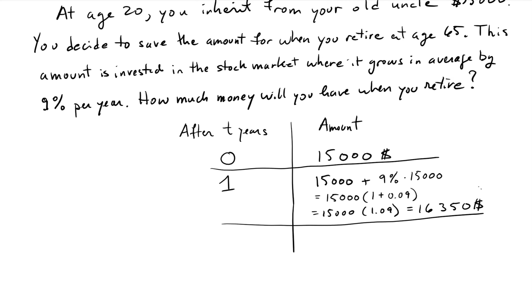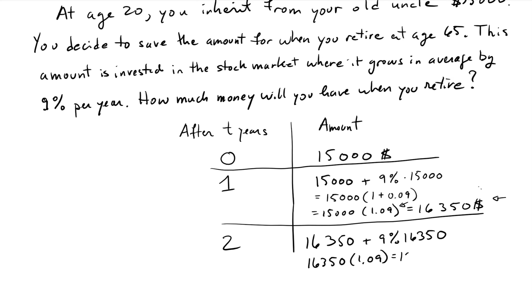Okay, let's look at year 2 now. Year 2, you start your year with $16,350 in the bank account, and after a year, you again make 9% of that amount. So doing the same arithmetic, it's going to be 16,350 times 1.09 again. I could calculate this, but I'm going to actually remember the 16,350 from year 1, it's actually equal to 15,000 times 1.09.